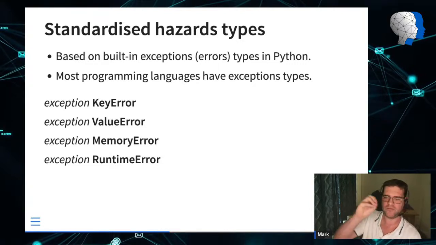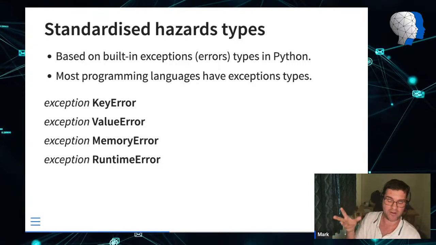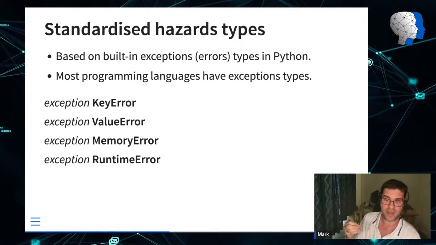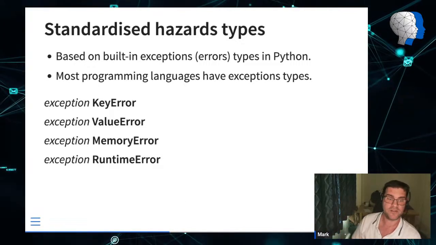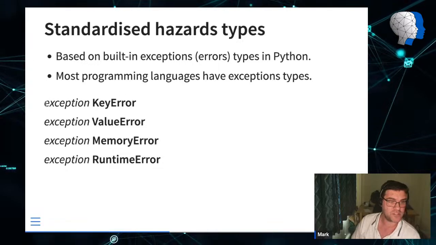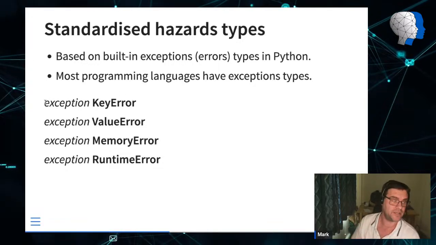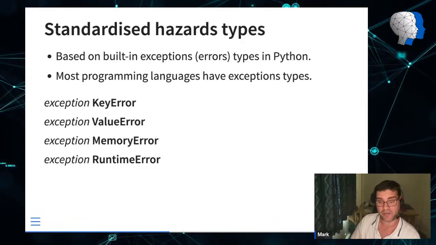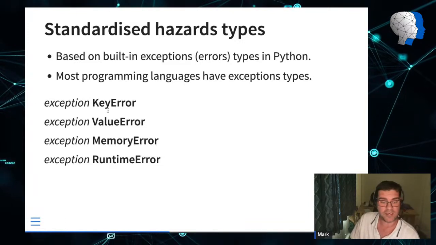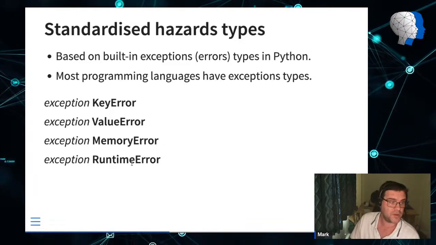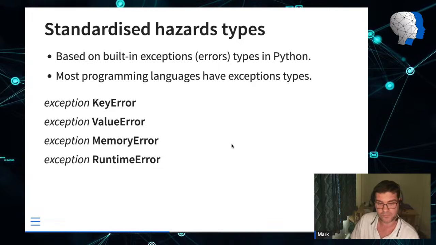So, a bit of code's read by the computer and it causes an error. It can't compute 6 divided by 0, for example. And you can get different kinds of errors, and they're called exceptions in Python, which is my favorite programming language. All programming languages have exception types. And here are just 4 of many: key error, value error, memory error, runtime error, and so on.